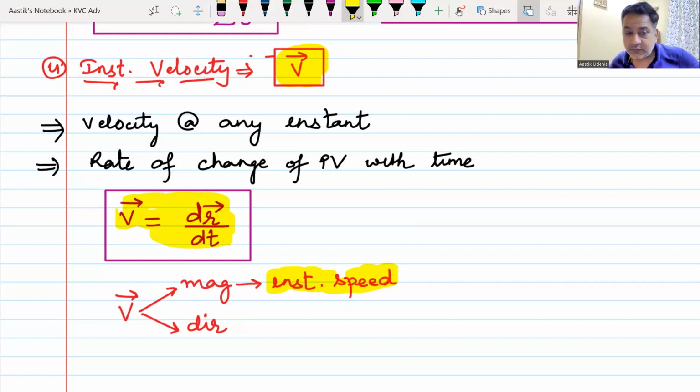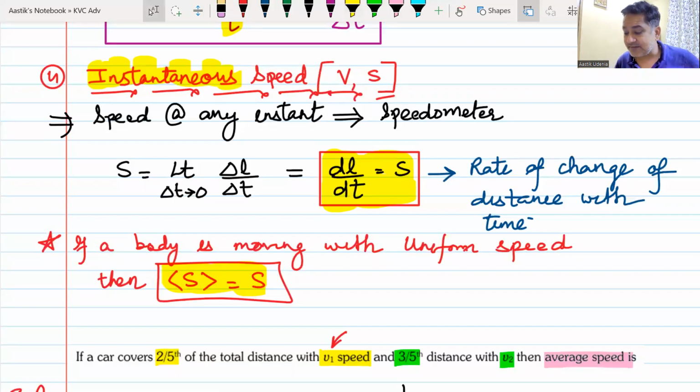So going back in time, to the point where we were discussing instantaneous speed, remember there was a symbol that I used for instantaneous speed, that was V without the vector sign. V without the vector sign means we are talking about the magnitude of V. Do we understand this?